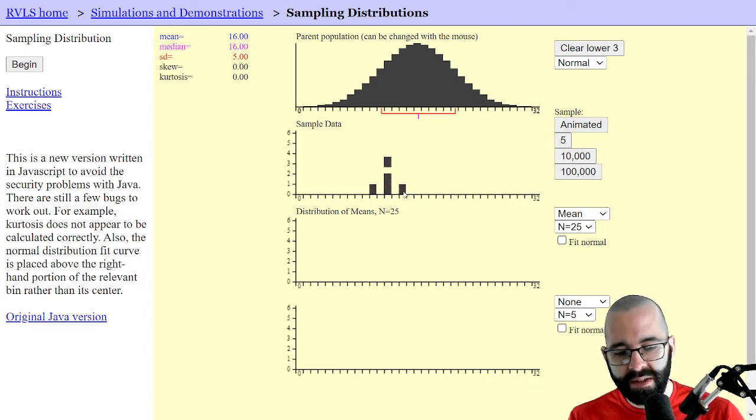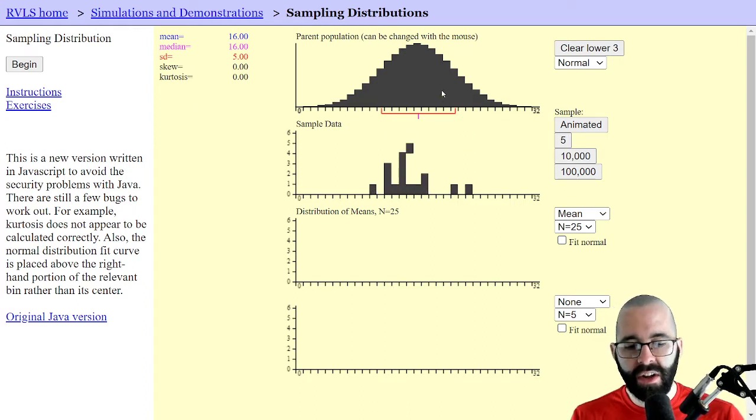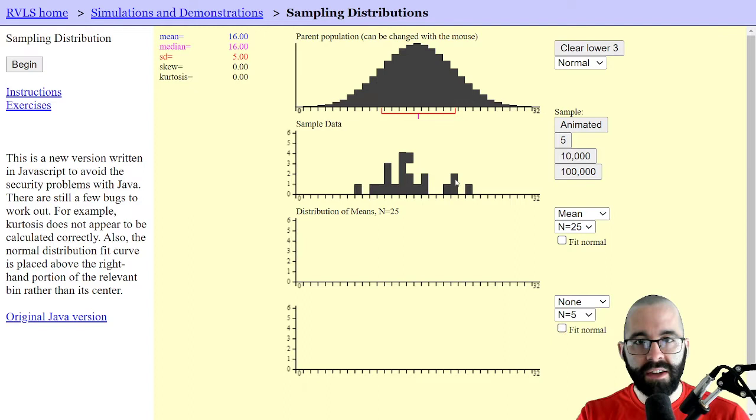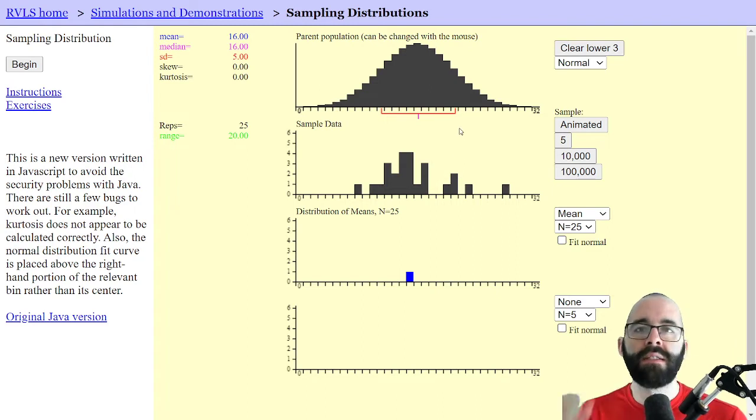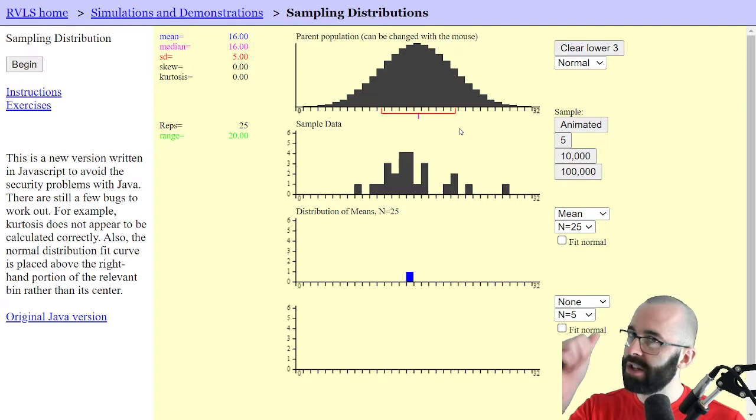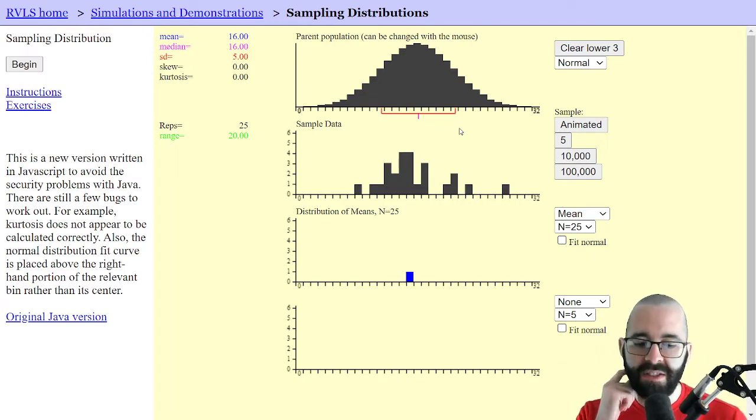One person picked over here, 4 people are picking over here. Each block that's falling represents somebody I'm asking from the population. I did a sample of 25 students just now, really quick. I asked 25 students their favorite number, drawing from the population.